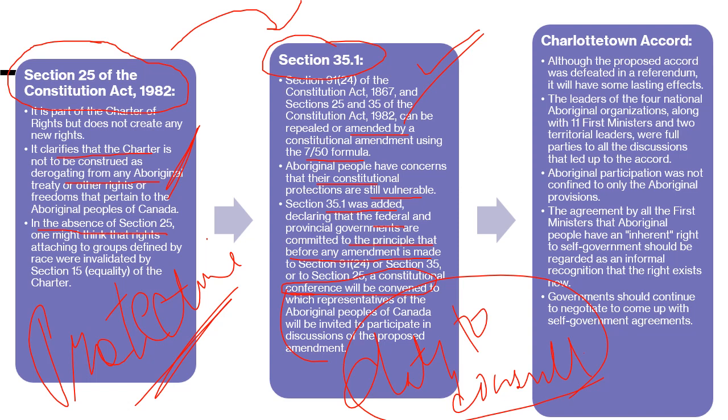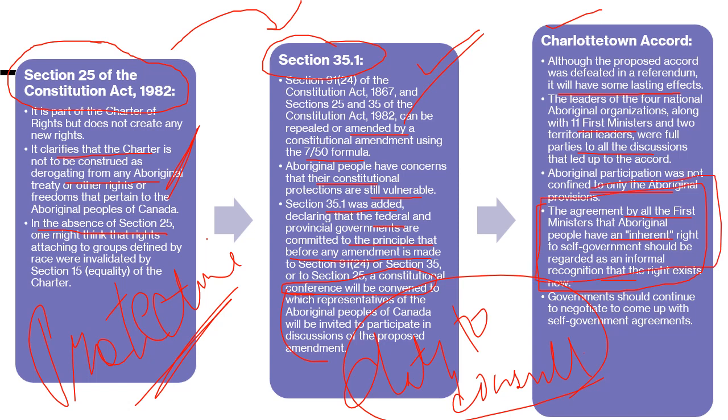Then the Charlottetown Accord. Although this accord was defeated in a referendum, it still has a lasting effect. The leaders of 4 national Aboriginal organizations, along with 11 First Ministers and 2 territorial leaders, were full parties to all discussions that led to this accord. So Aboriginal participation was not only confined to Aboriginal provisions. The agreement by all First Ministers that Aboriginal people have an inherent right to self-government should be regarded as an informal recognition that their rights do exist even now.